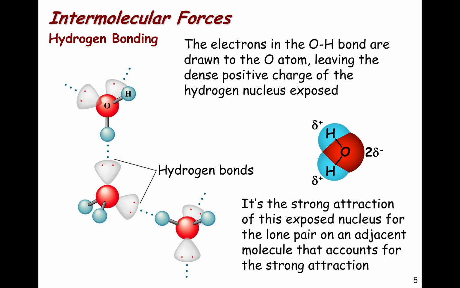And these are relatively strong intermolecular forces, and as a result, these forces of attraction are relatively difficult to break. And this results in the shape of the molecules in the solid state, in the ice structure, and also has a significant effect on the melting and boiling points for water in comparison to other molecules that don't have hydrogen bonding.